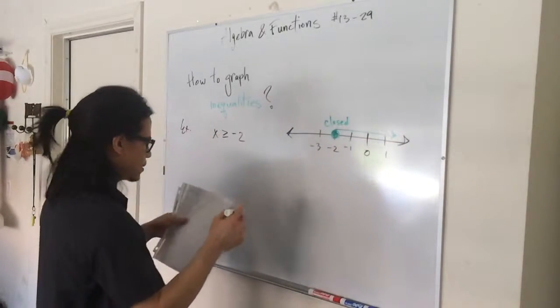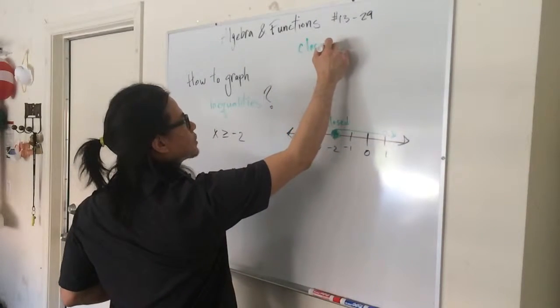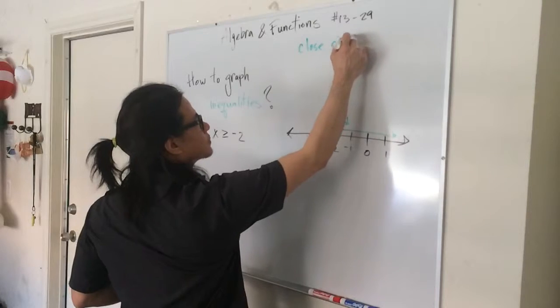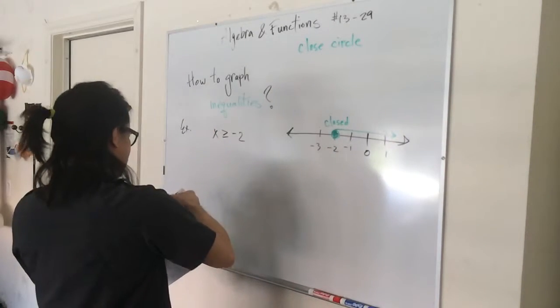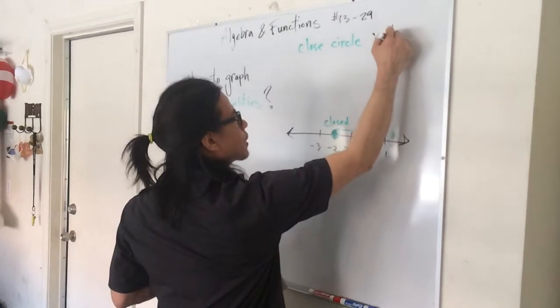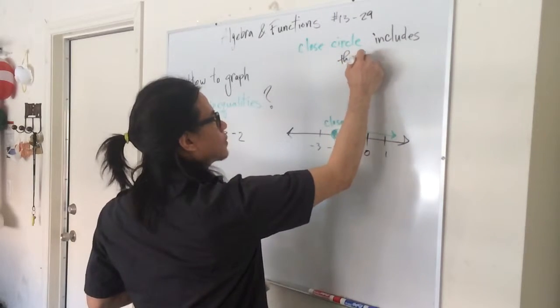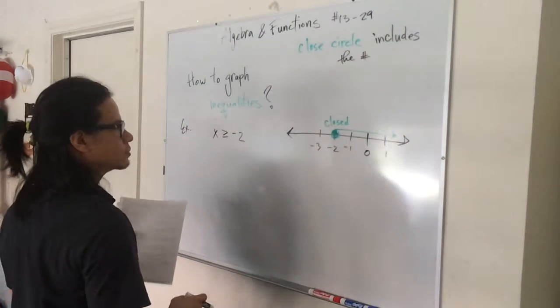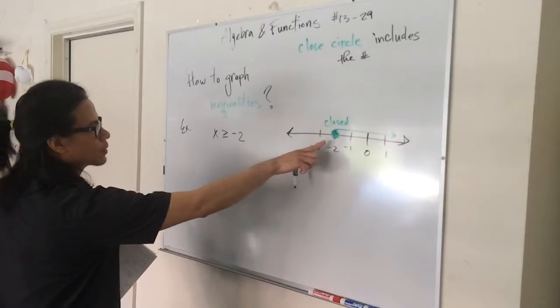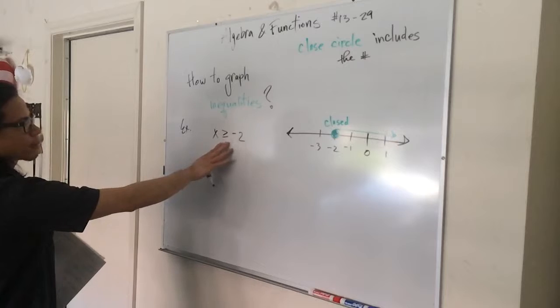A closed circle includes the number -2. Okay? So anything greater than or equal to -2 will be part of our equation there.